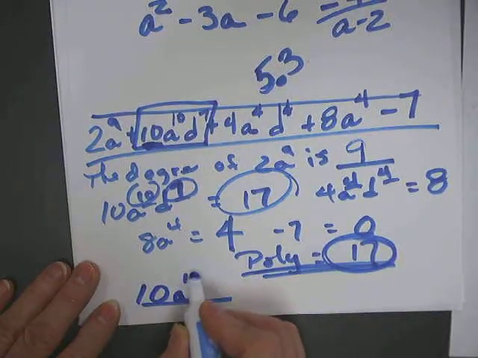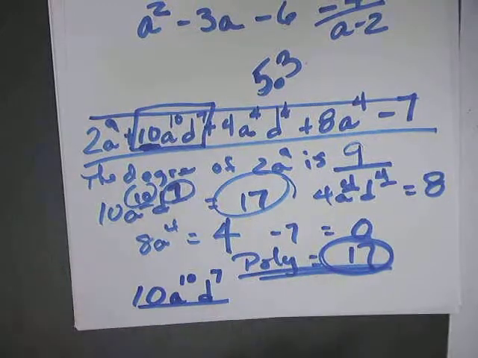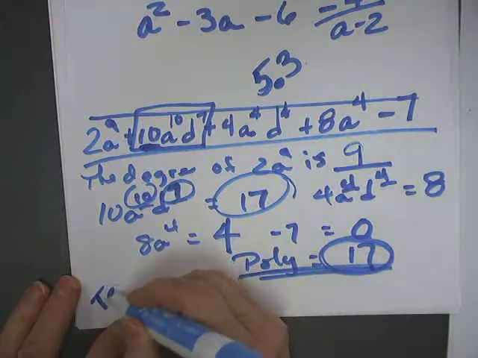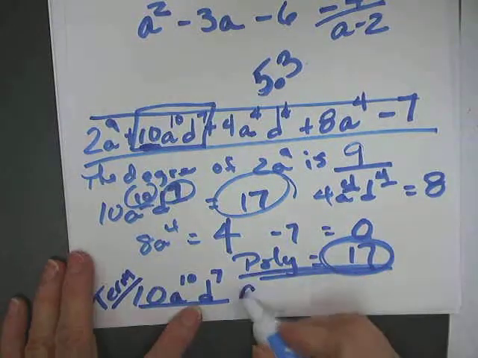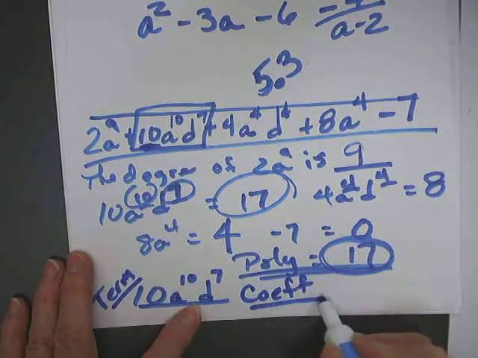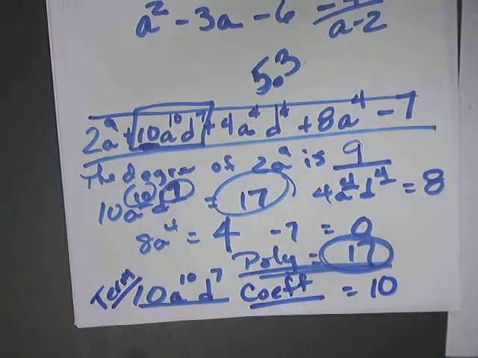You have to add them. All the exponents get added in each term. So the degree of that one is 17. The degree of this one? 8. Right. 4 and 4 is 8. The degree of this one? 4. And the degree of this one? 0.